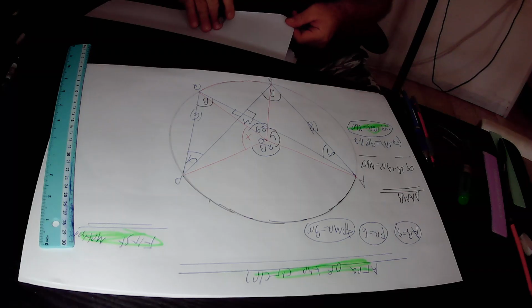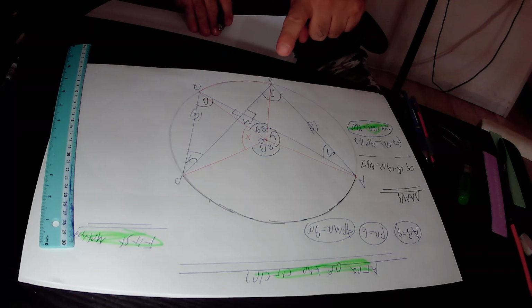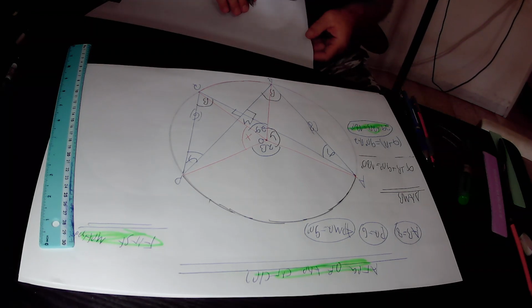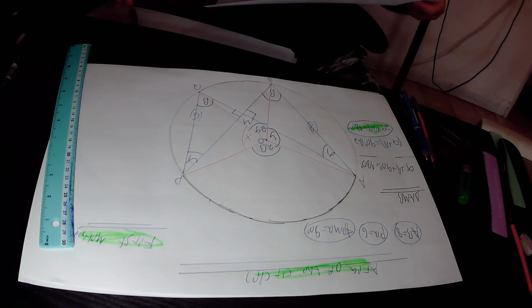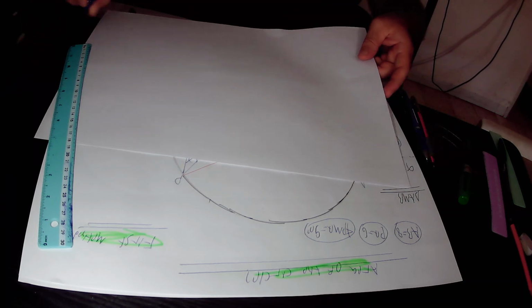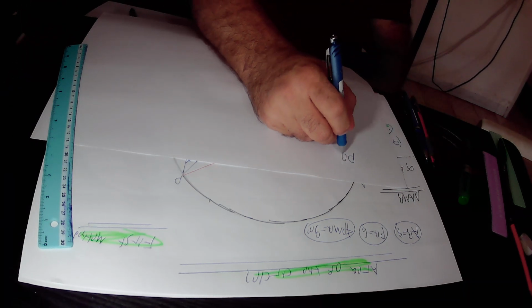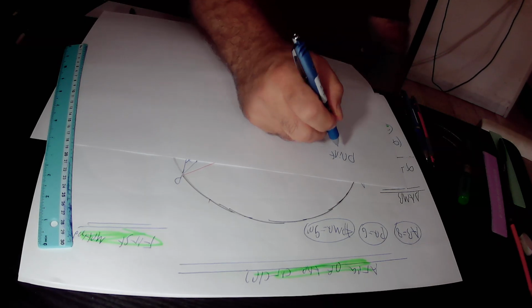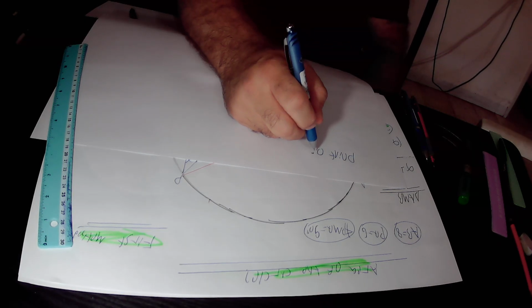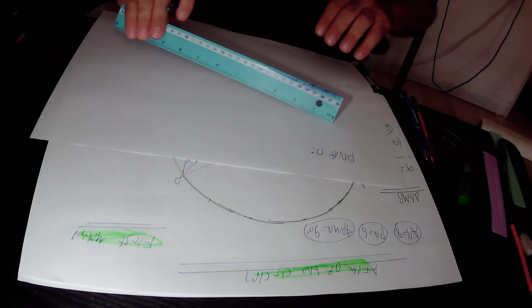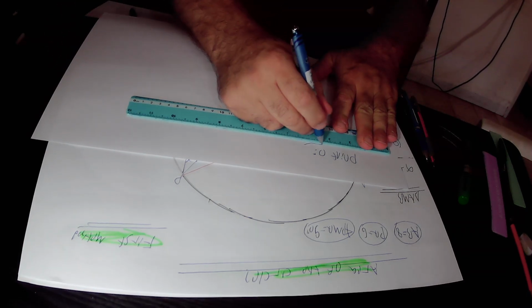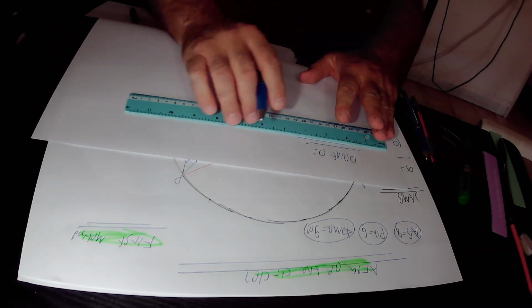If we focus on point O, the sum of the angles around point O must be equal to 360 degrees, according to the rule that I mentioned. So which angles do we have around point O?